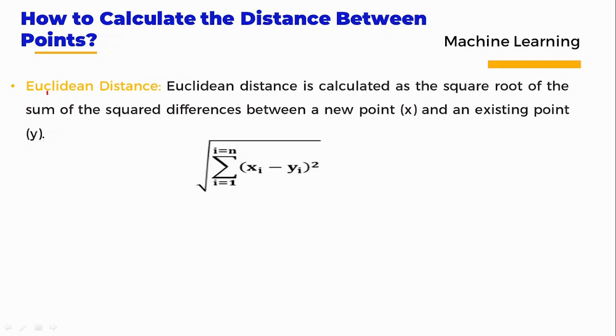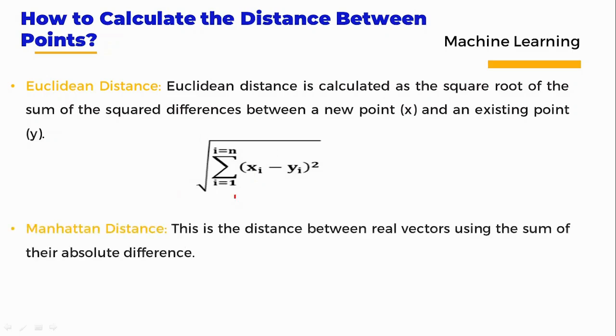The first method is the Euclidean distance method. Here Euclidean distance is calculated as the square root of the sum of squared differences between the new point and the existing point. So this is the formula for calculating the Euclidean distance. The second one is the Manhattan distance. This is the distance between real vectors using the sum of their absolute differences.